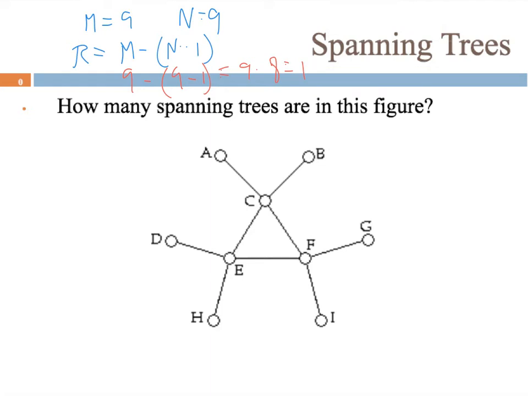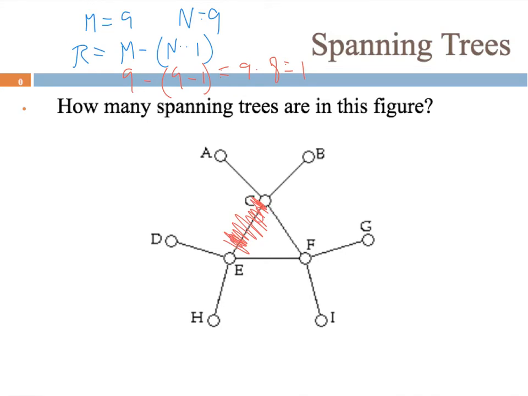That's our redundancy. If we were to take one of the edges away from the circuit, that would make this graph a tree. Notice here the circuit. Our 3 edges that we can pick from are CE, EF, or FC. Notice if I were to take away CE, we would have a spanning tree.